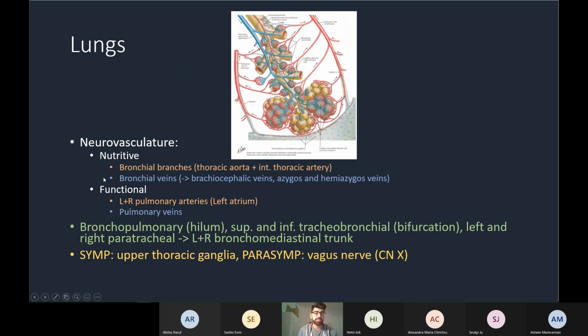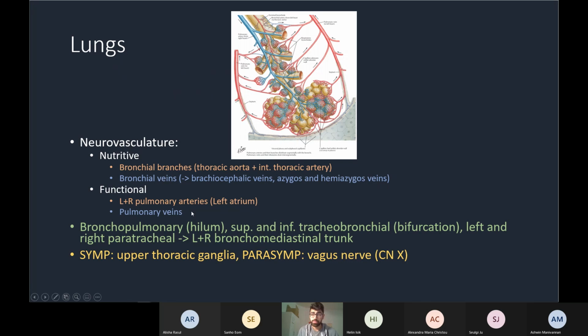And now functional means this is blood for the function of the lungs, which, as you know, is to exchange carbon dioxide and oxygen. Oxygen-rich blood reaches the lungs through 4 pulmonary veins. Okay, this is oxygen-rich blood, pulmonary veins, and these come directly from the left atrium.